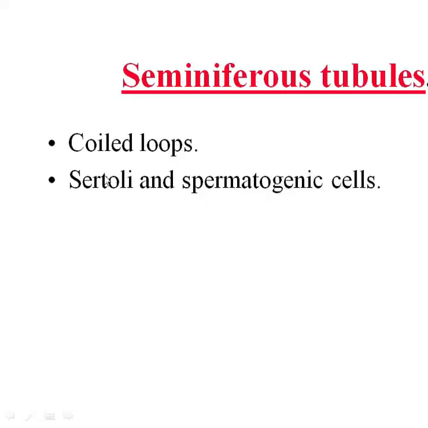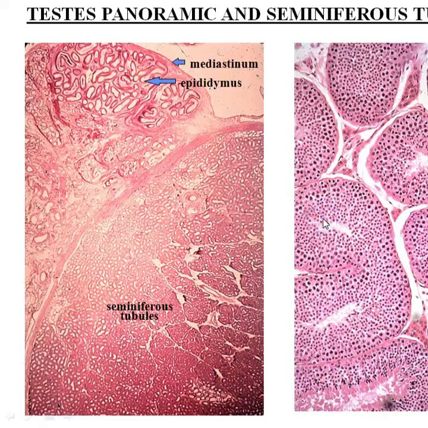The seminiferous tubule is a coiled loop structure which histologically contains Sertoli cells and spermatogenic cells. This is a cross section of the testes showing the presence of seminiferous tubules.